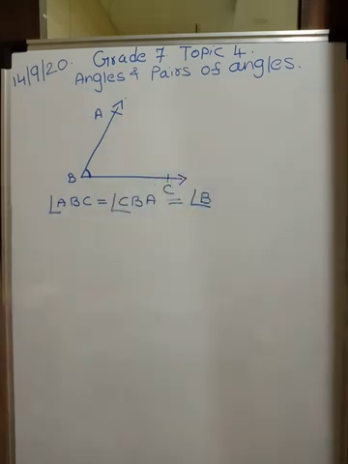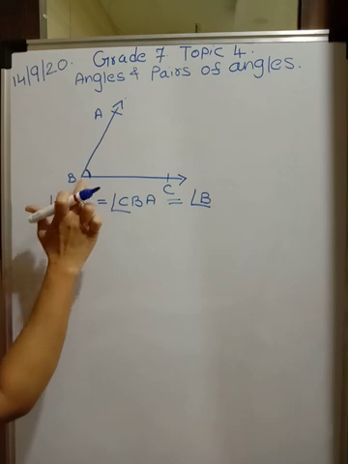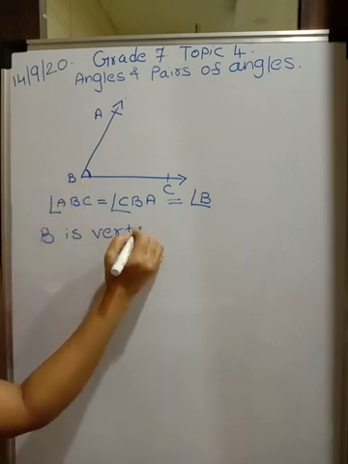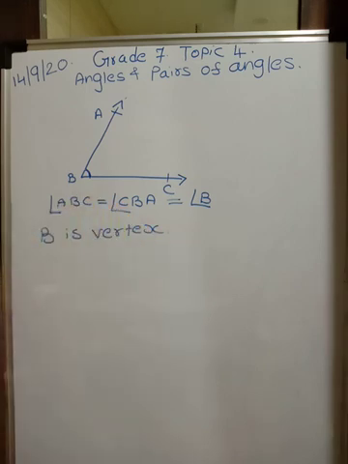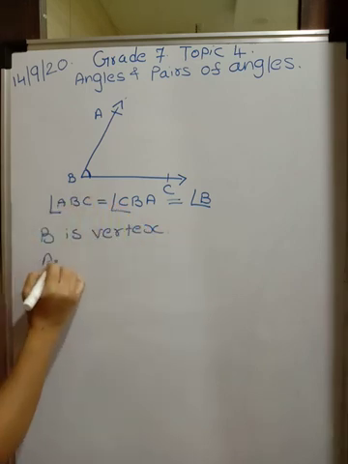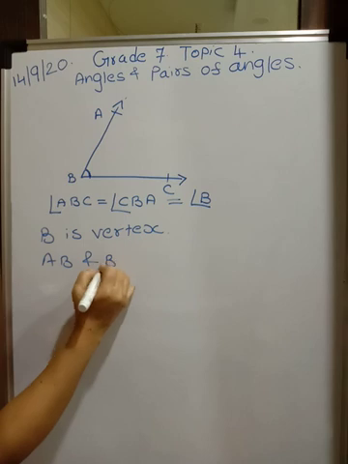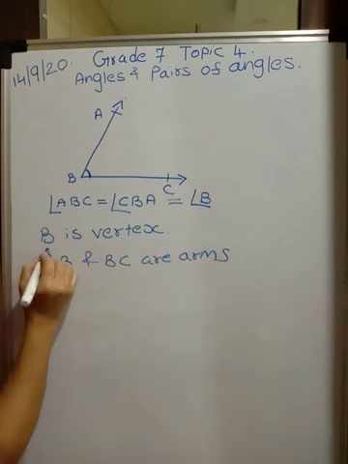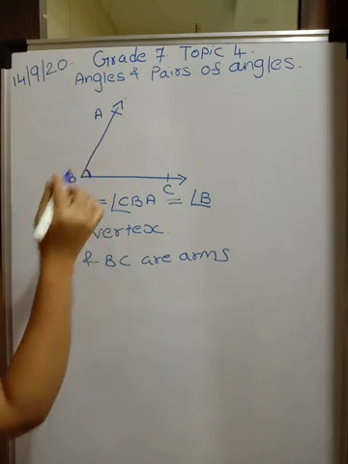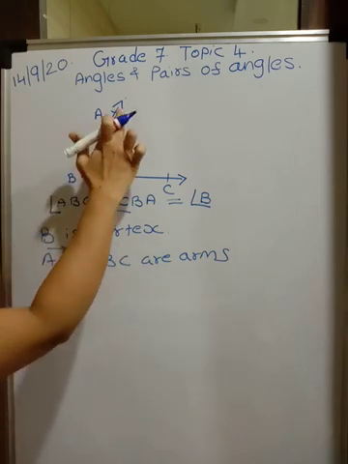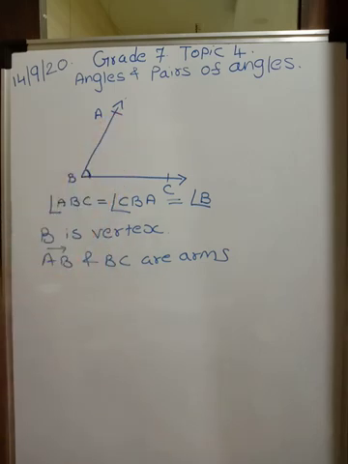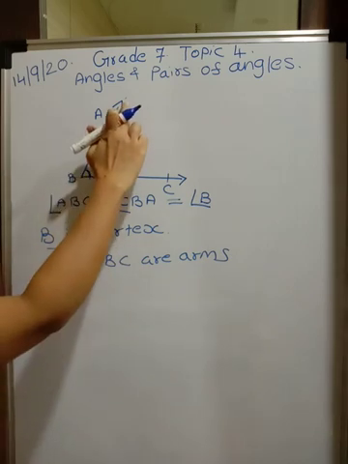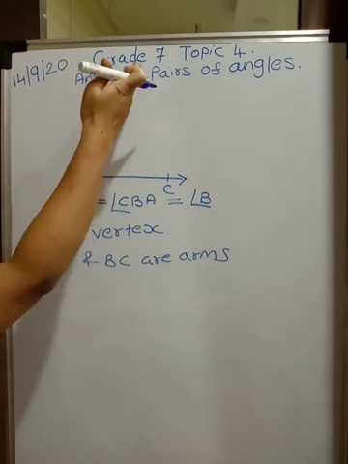Alright? Now what is this B called as? B is vertex. B is vertex of angle ABC. AB and BC are arms and they are rays. So ray BA, it should be, not AB, because arrow is at this side, it is extending in this manner, isn't it?